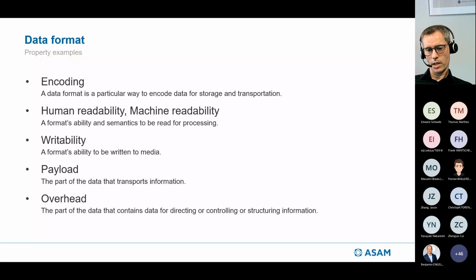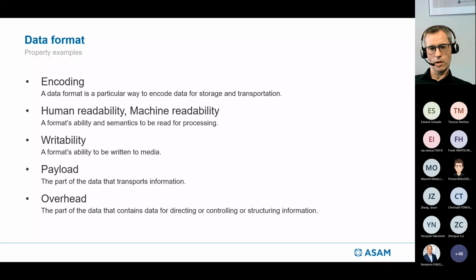And of course, when we have payload, we have an overhead, and this is the part that contains data for directing or controlling the structure. If you think of XML, you have a lot of overhead here. You have the node names and everything like that on one hand, but on the other hand, it really helps you to identify the structure when it comes to human readability.